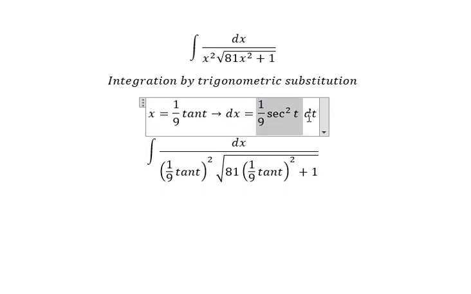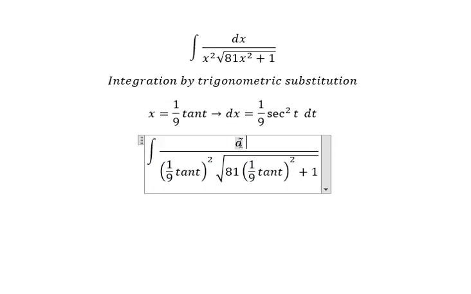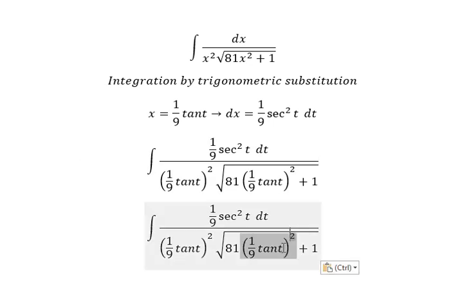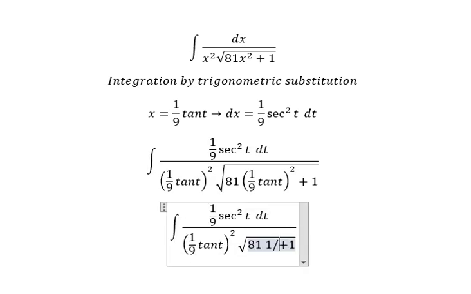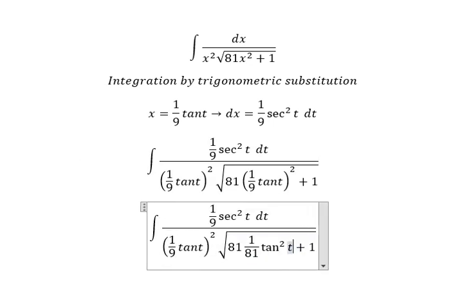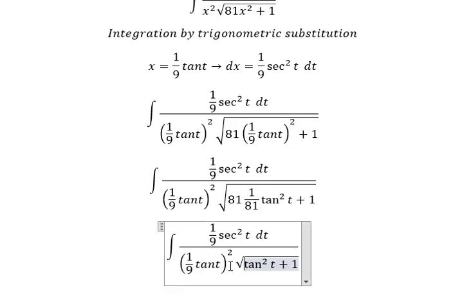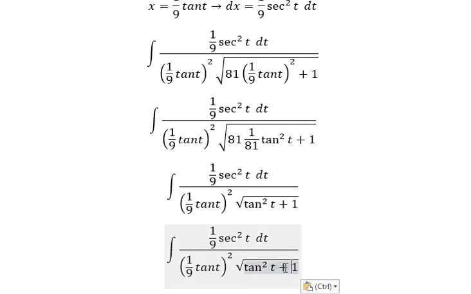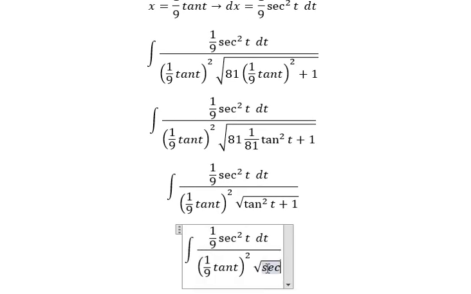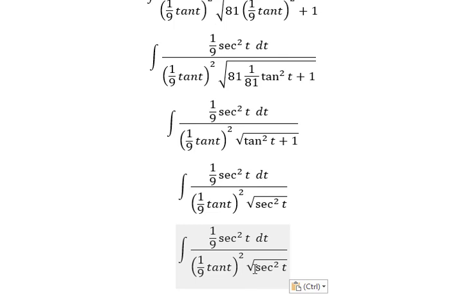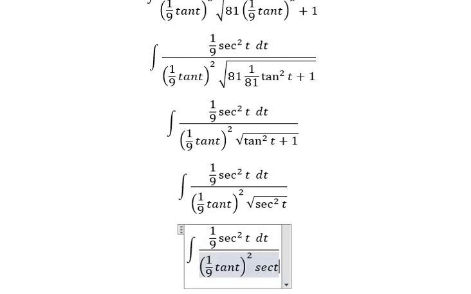The dx we change by this one. This one gives 1 over 81 tan squared t. The 81 we cancel. Tan squared t plus 1 changes to secant squared t.